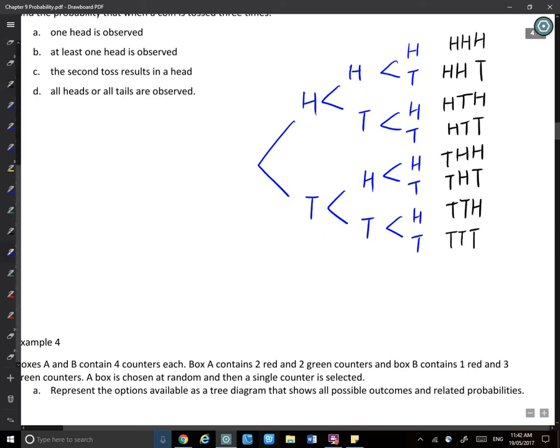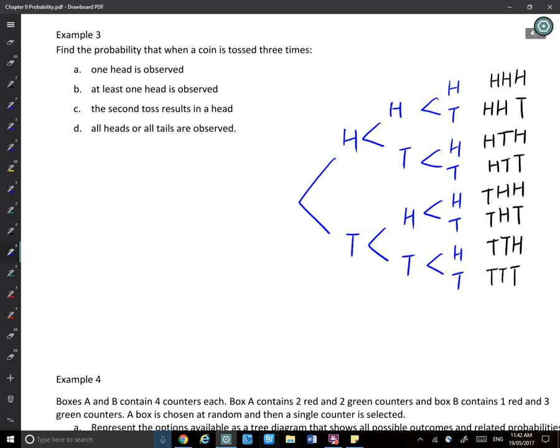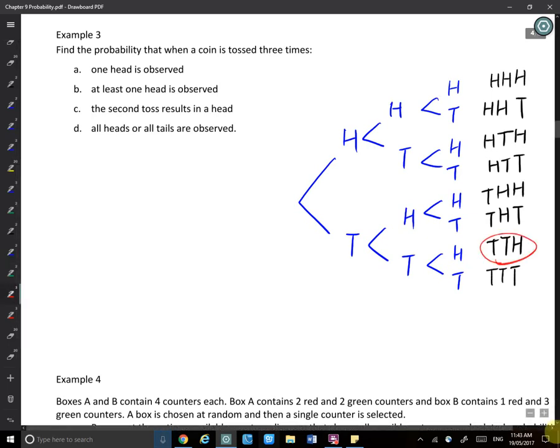Okay, so I want to observe one head only. How many events can you have with one head? 1, 2, 3.